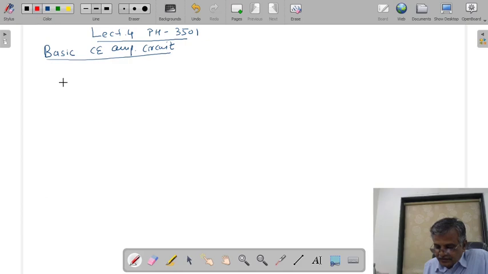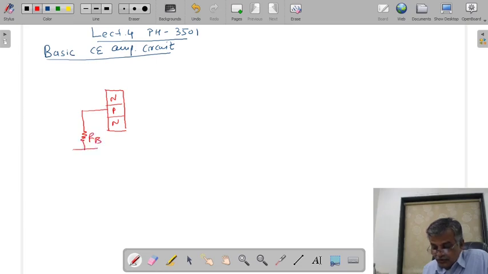See, the circuit diagram for the basic common emitter amplifier is shown in the figure. I am showing you in two ways. This is your NPN transistor. Here I am connecting the bias resistor.